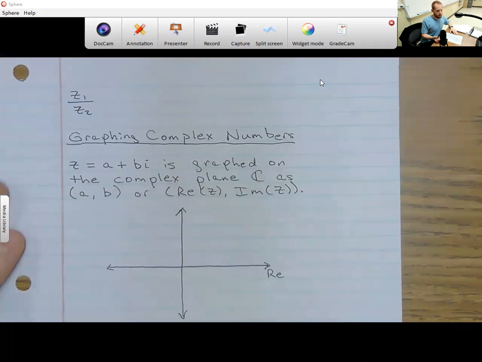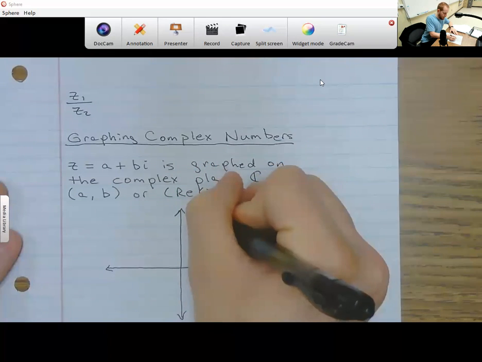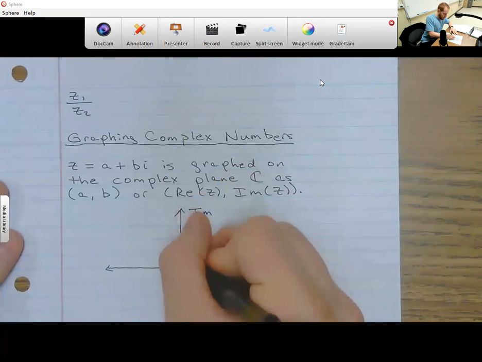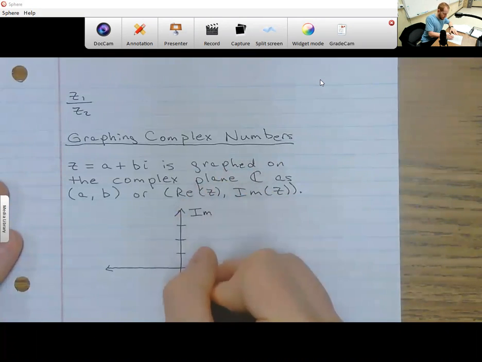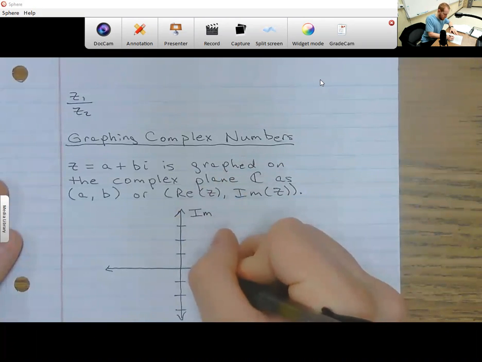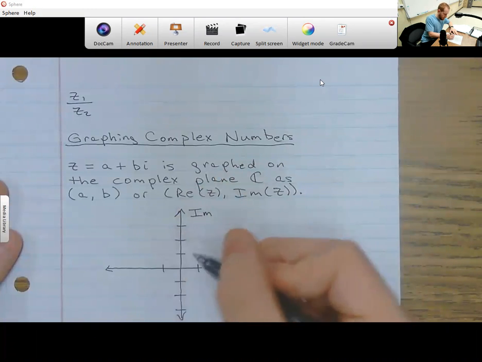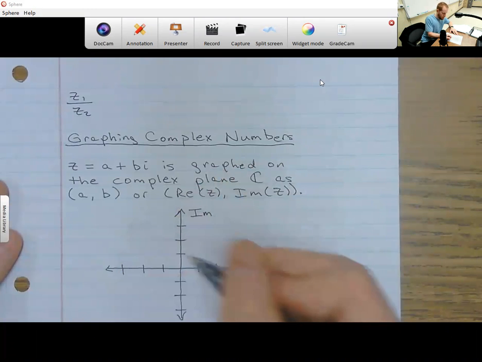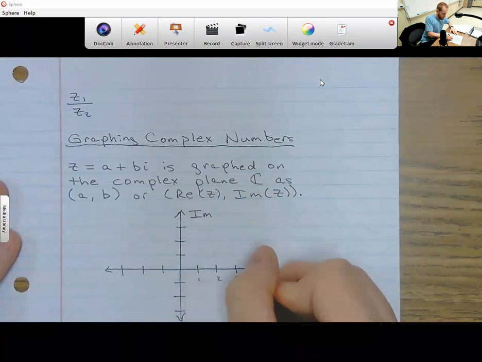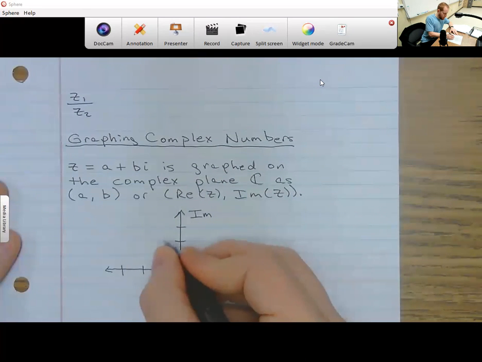So the y-axis is going to be called the imaginary axis. We can label that as IM. Okay? And let's go ahead and draw our little tick marks. We're going to have 3 right here, 3 right here, and 3 over here. So 1, 2, 3. Then on the left side, we have 1, 2, 3. Okay. And I'm going to label them as 1, 2, 3. And then on the imaginary axis, we're also going to have 1, 2, 3.